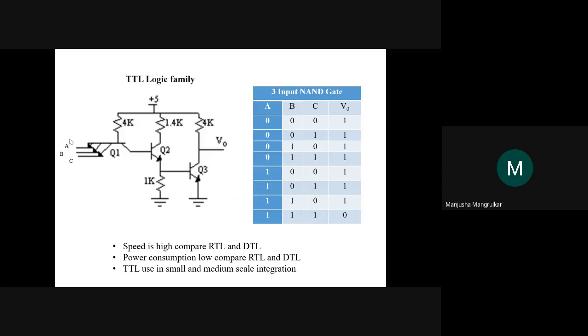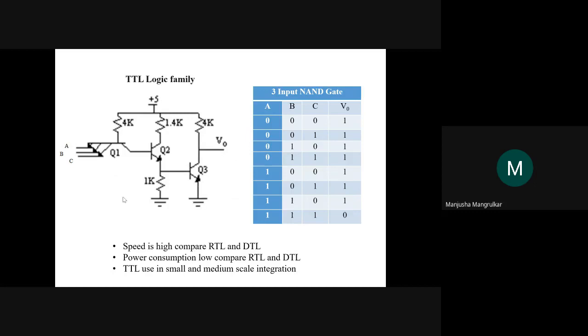But if all the inputs are 1, the output is 1. If this is greater than 0.7, this is in the saturation region. If these are greater than 1.7, it goes into the saturation region, so the output is connected to the ground.